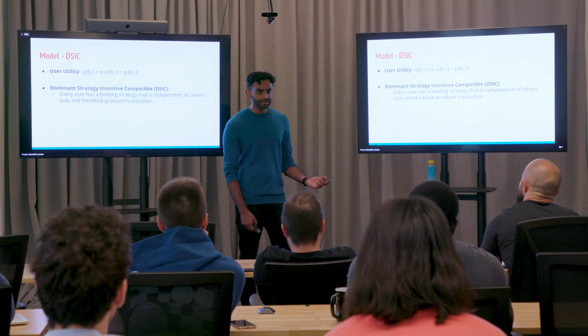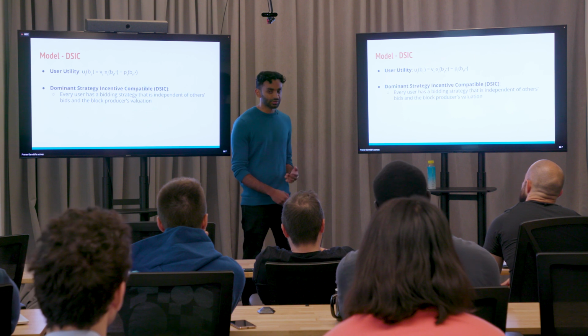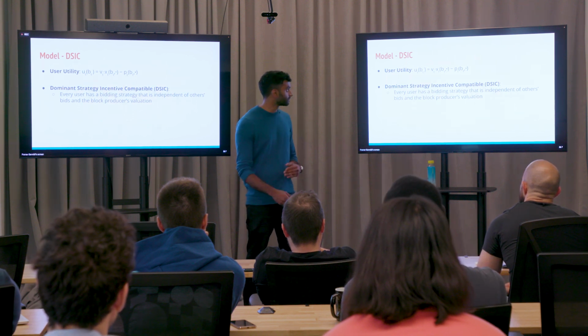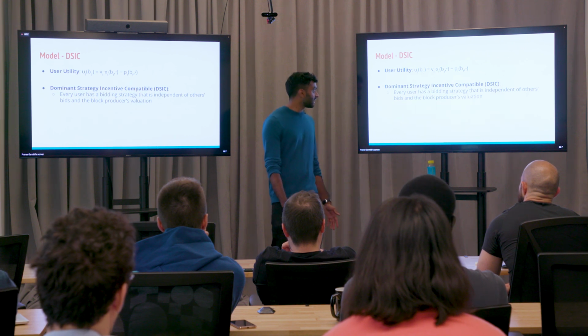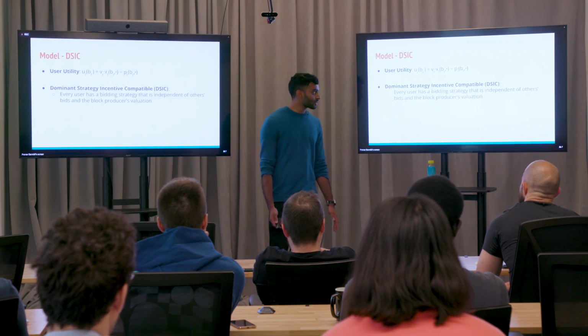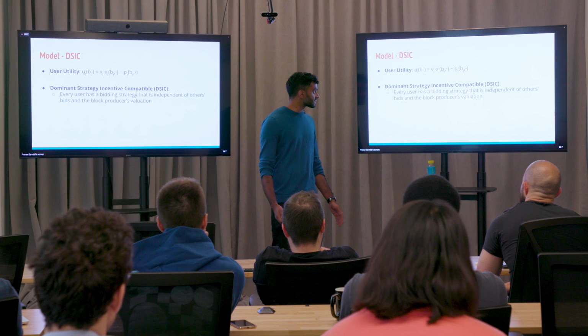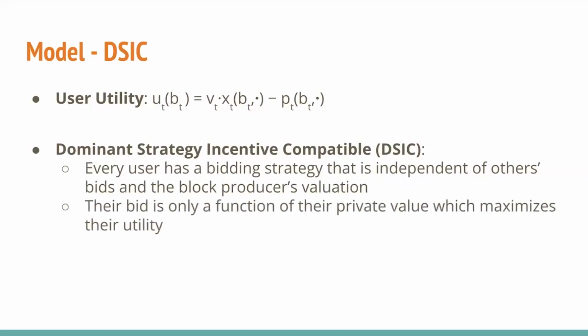If they're not included, the payment will be 0, x will be 0, and so they'll have 0 utility for not being included. And we'll say the TFM is DSIC if every user has a bidding strategy that is independent of others' bids and the block producer's valuation, and the bid is only a function of their private value, which maximizes their utility.